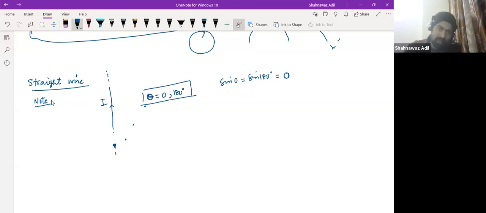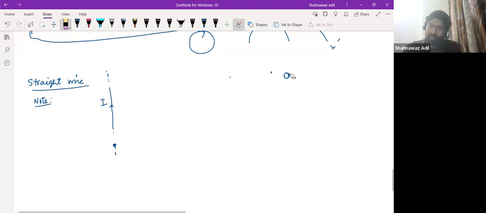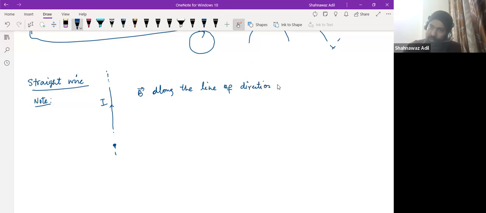So always remember that this part is not needed. I just told you the reason. Just remember that whenever you are calculating the magnetic field along the line of direction of current, that would be 0.